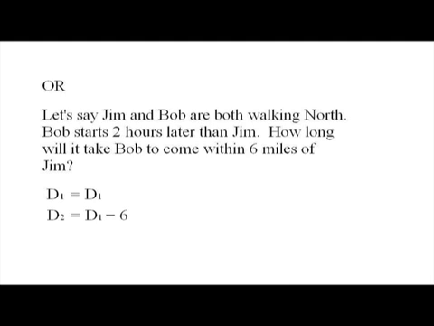Therefore, his distance equals Jim's distance minus 6. And Jim's time is obviously t1, therefore t1 equals t1. Bob's time is t2, and again he is walking 2 less hours than Jim. Therefore, his time is going to be Jim's time, t1, minus 2.